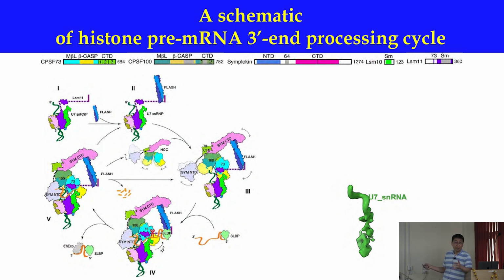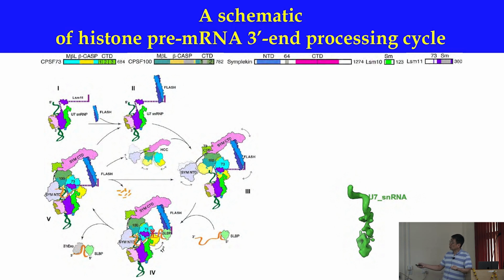Does that sort of make sense? So that's the way we think about it. If you think that way, you have a cycle of life, if you will, for this machinery, going from the assembly of the U7 snRNP to recruiting HCC and then RNA and then recycling everything back and forth. So far we have determined the structure of this state of the cycle.